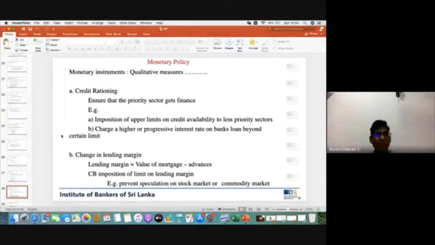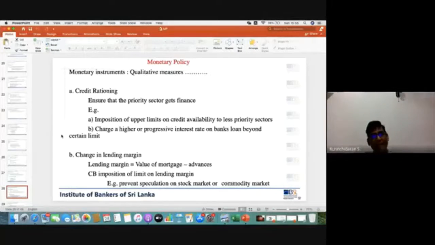Now, the central bank can say, you can lend only this much, right? If you are going to buy a vehicle, the loan given to buy this vehicle can be only 70% of that vehicle's value. So they can set a rule on the lending margin.